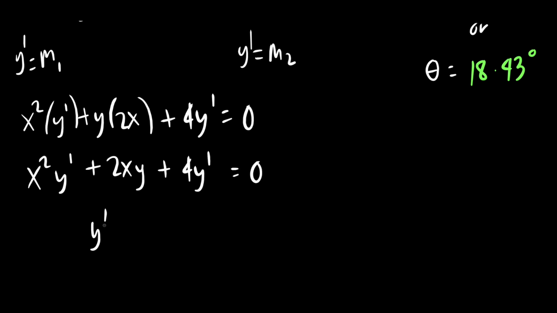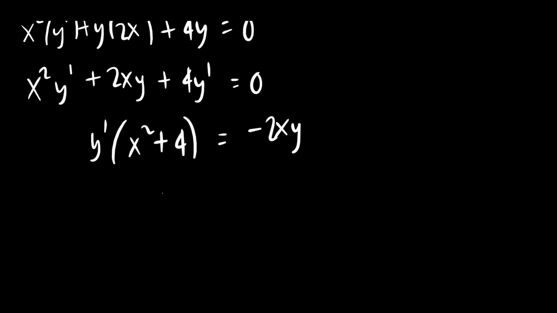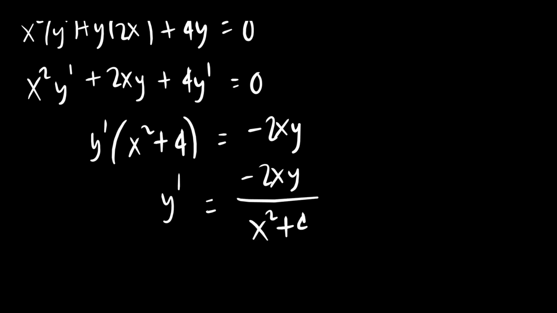So we'll factor out y prime, so (x squared plus 4) y prime is equal to negative 2xy, right? So we'll have y prime is equal to negative 2xy all over x squared plus 4. So this is our value for m1. y prime is equal to m1.